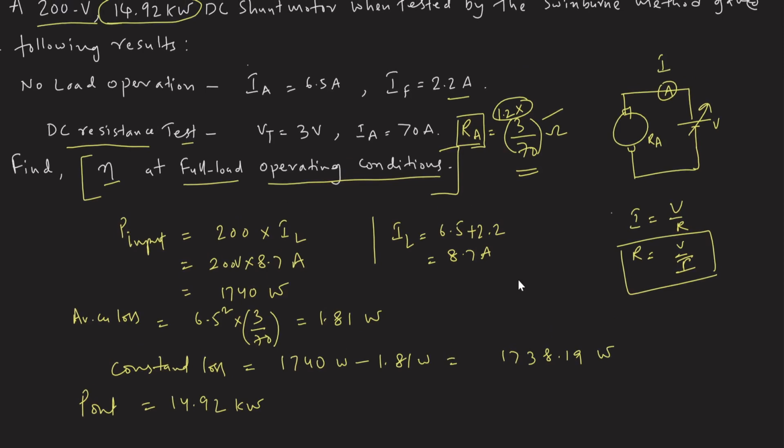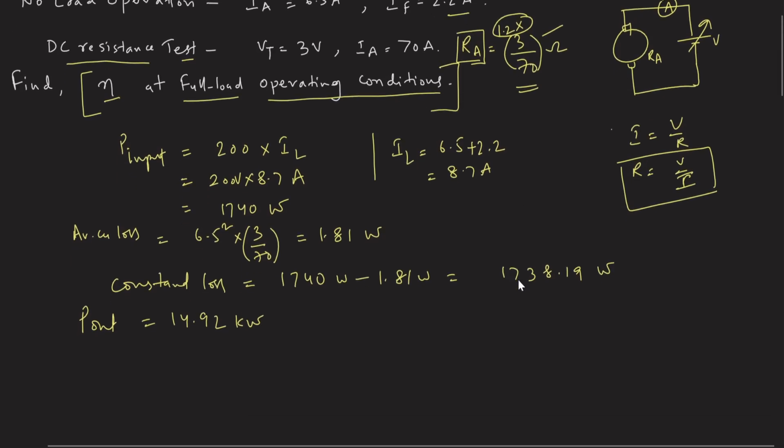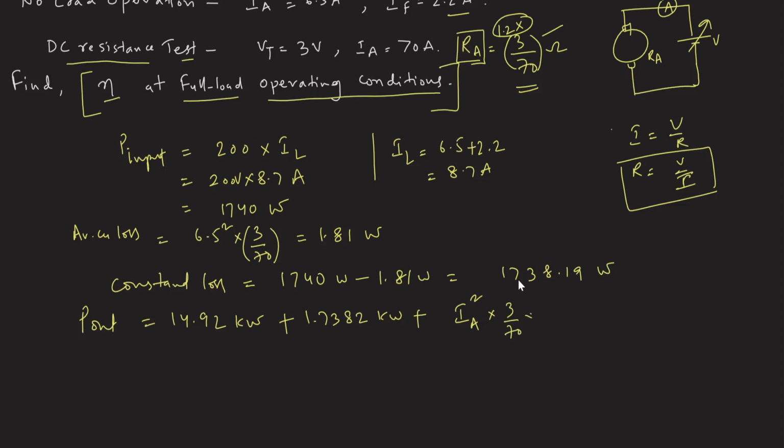Now output power is given. I want to find out the efficiency. So to this, I add the constant losses 1.7382 kilowatts plus armature copper losses, IA squared into 3 by 70 into 1 by 1000, in kilowatts.